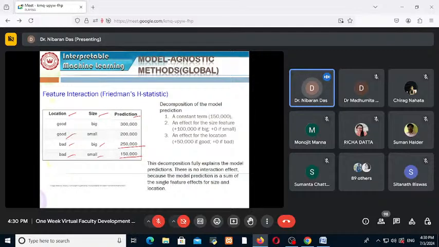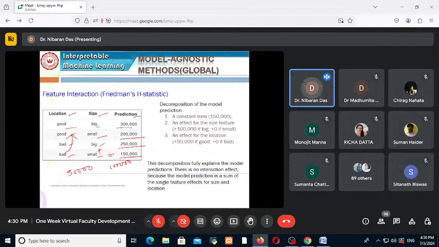Location good, size small: 2 lakhs, and good, big: 3 lakhs. From there, if you notice, bad small is the constant because this is the lowest one. It's 150, and now if we change small to big, the change is 1 lakh, and bad to good change is 50,000.